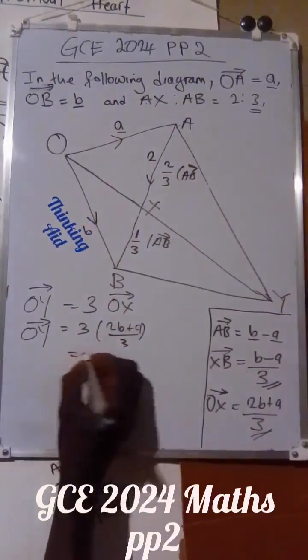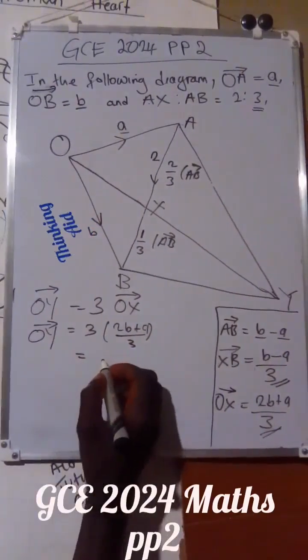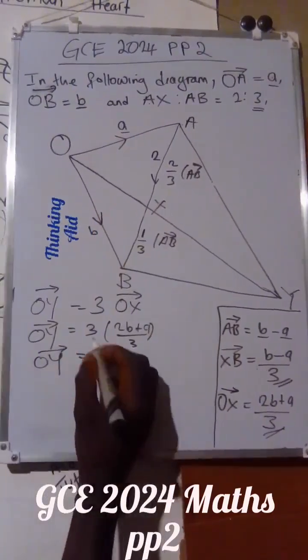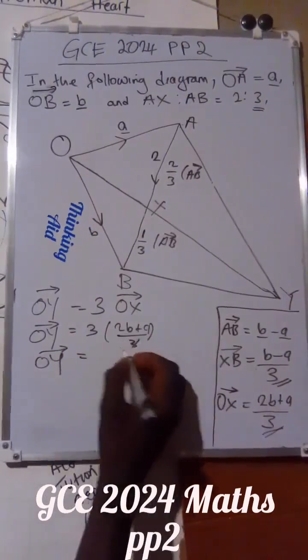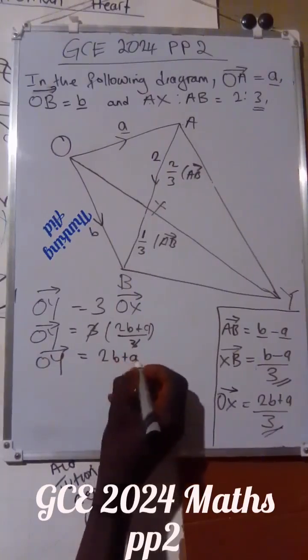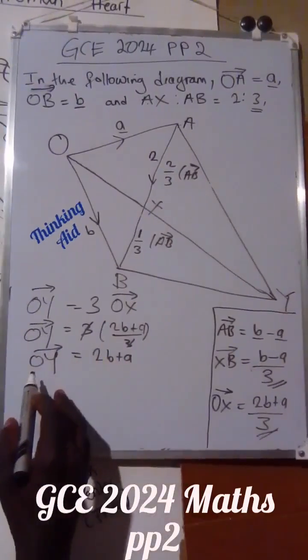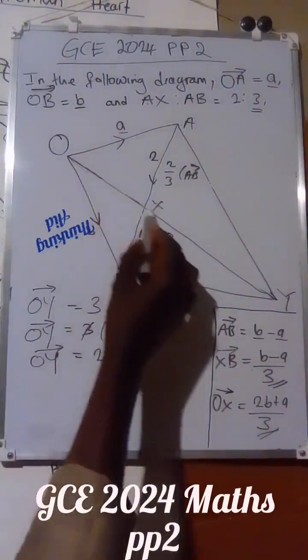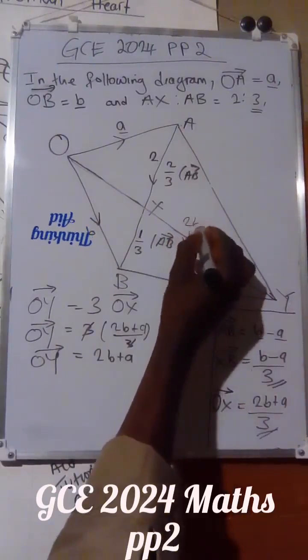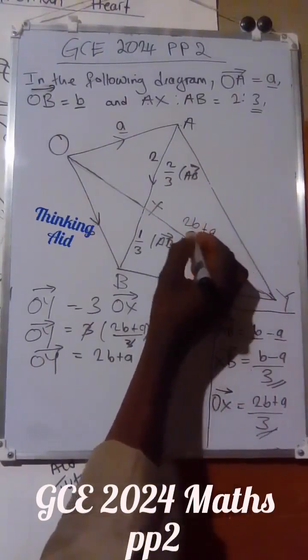When you calculate this, the 3 will cancel with this 3, so you're just going to remain with 2b plus a. So that's the vector OY, the vector from O to Y, which is the same as 2b plus a.